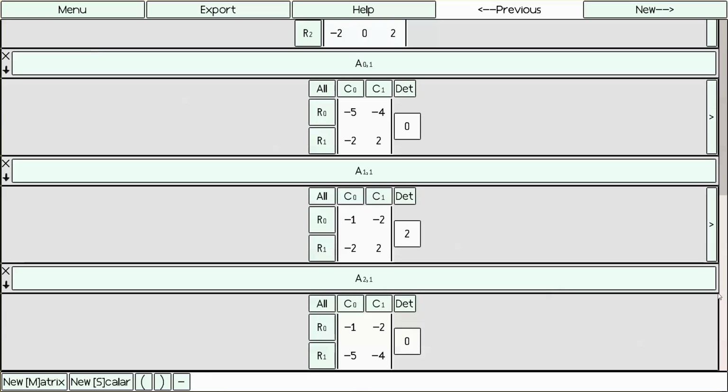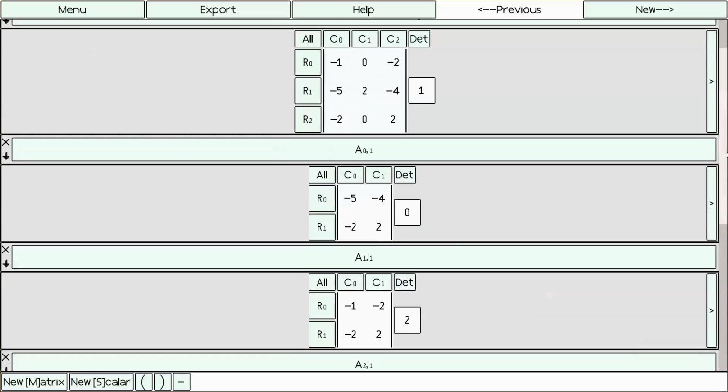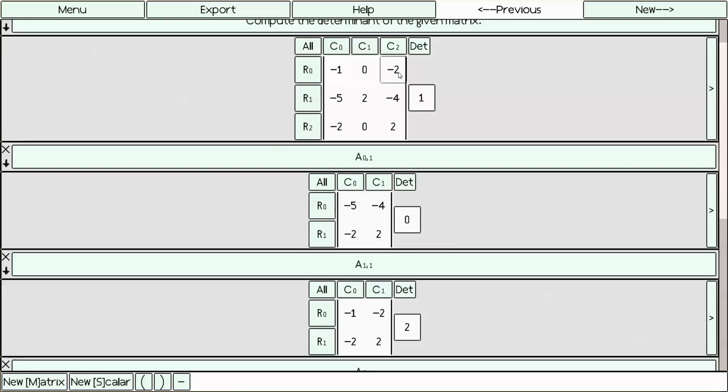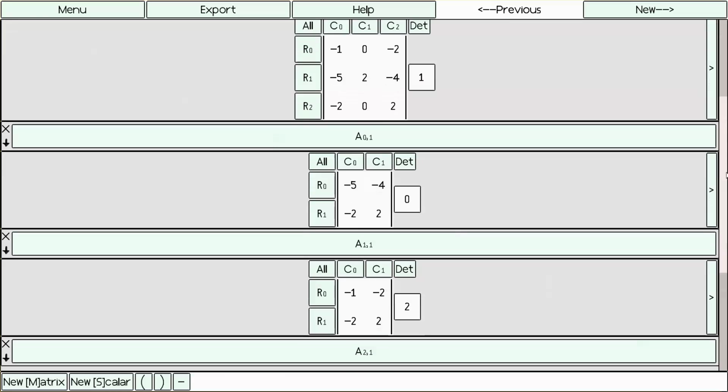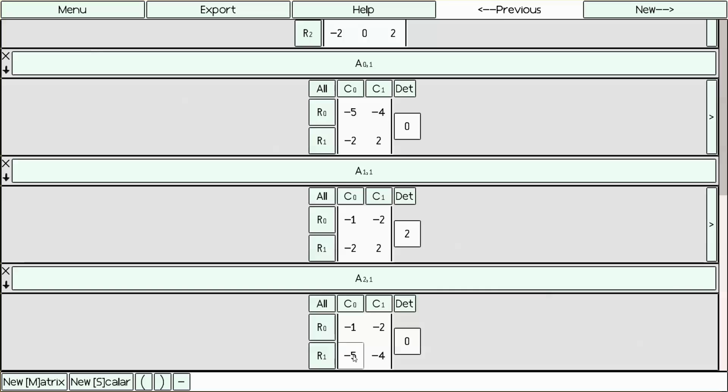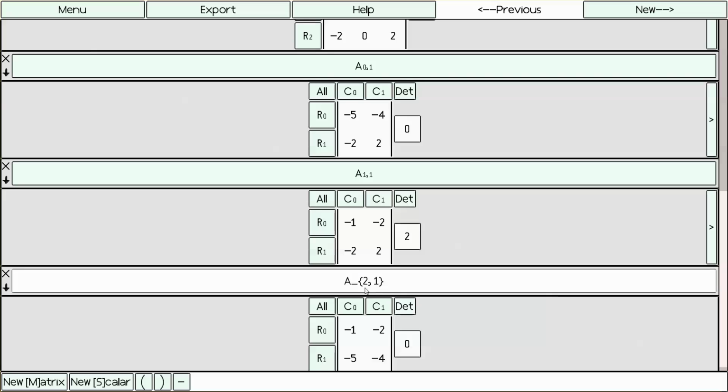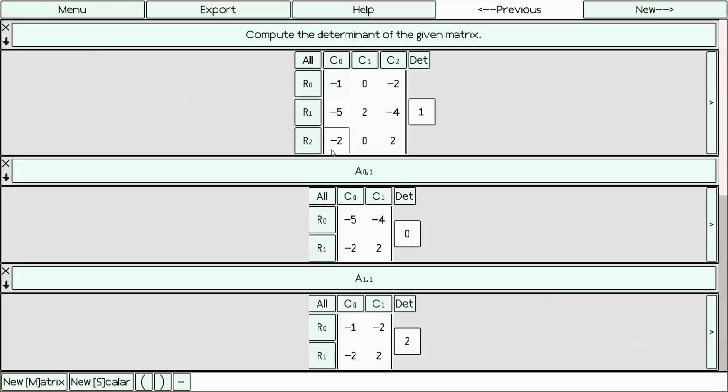For the final minor, we've created it from -1, -2, -5, -4. The zero scalar comes from row 2, column 1, which is a 0. And then it gets multiplied by -1 because of the checkerboard rule. Positive, negative, positive, negative.